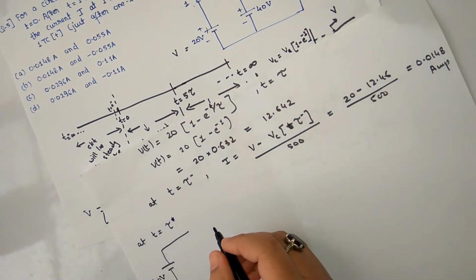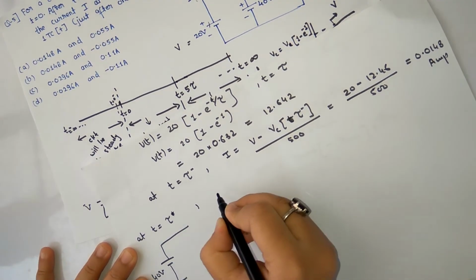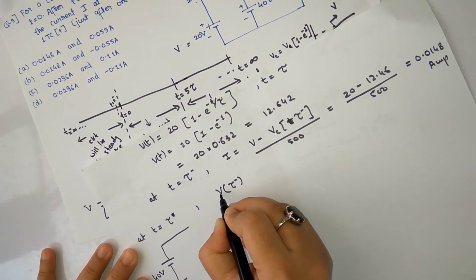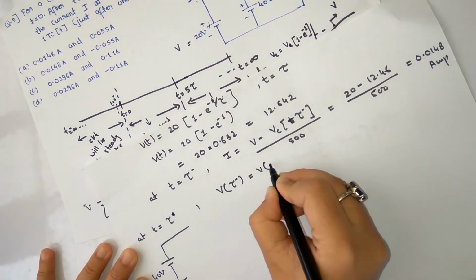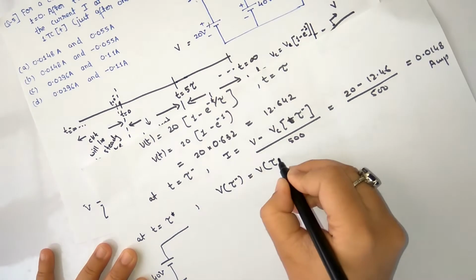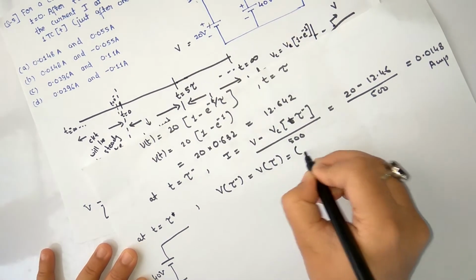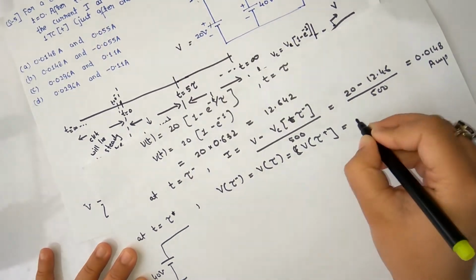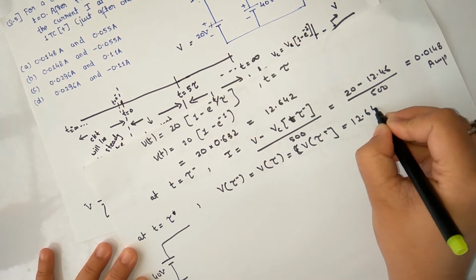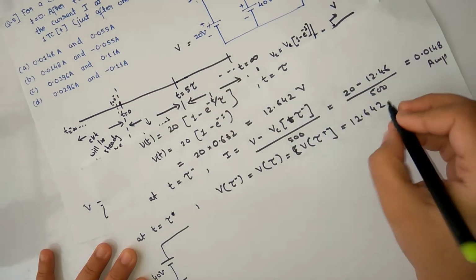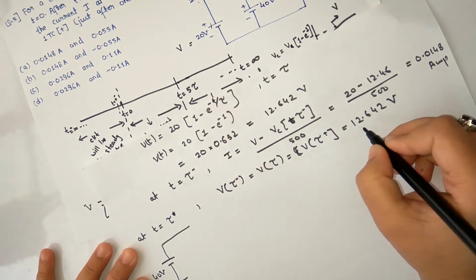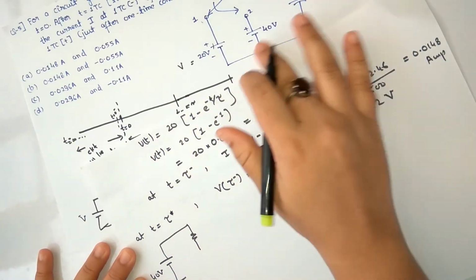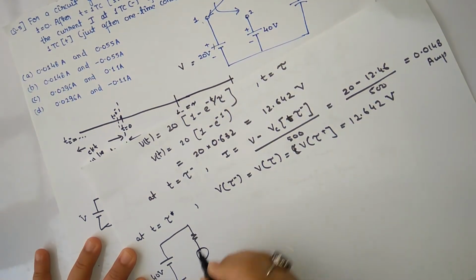We know that voltage across a capacitor is a continuous function, so the voltage across the capacitor at tau minus, at tau, and at tau plus will all be the same value. So we can replace the capacitor with a voltage source.